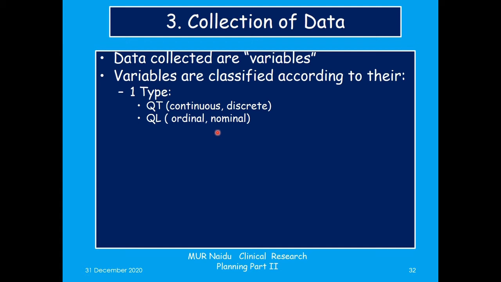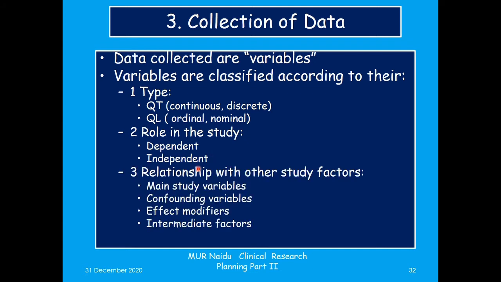The second type is the role of the study variable, whether it is a dependent or an independent variable. The third is relationship with other study factors, for the main study variable, which is actually related to some other variables during the clinical trial.